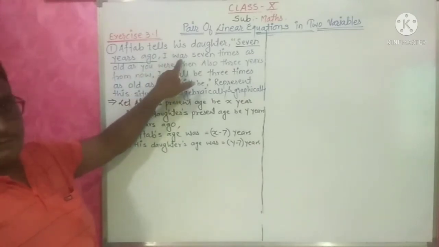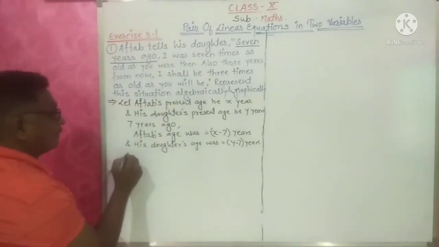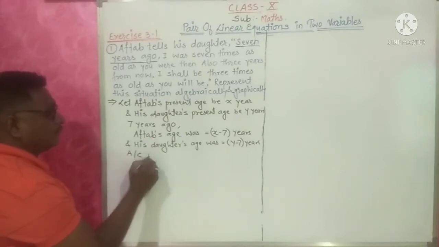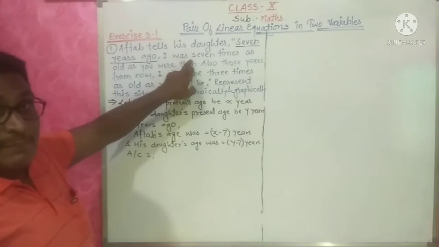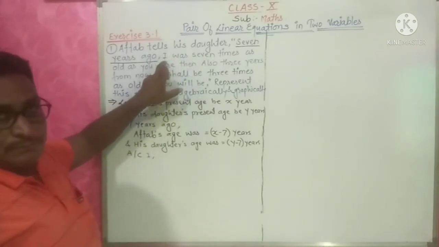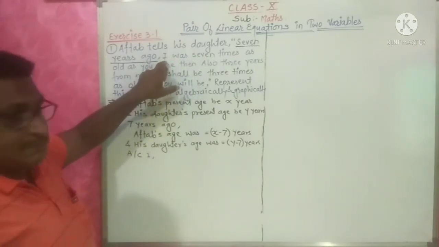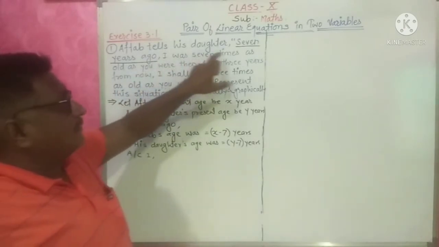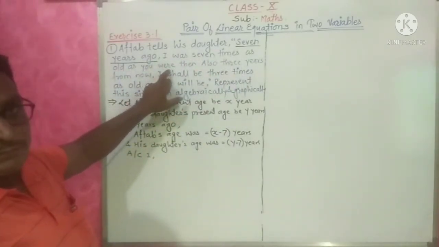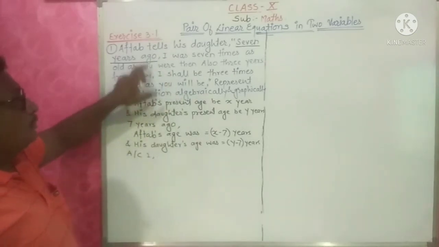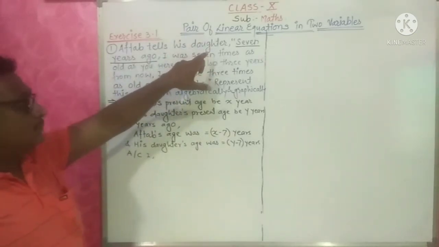Now the condition is given. According to condition 1: I was 7 times as old as you were. I means Aftab, and you means his daughter.